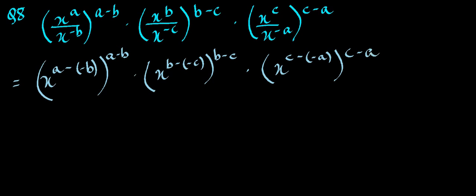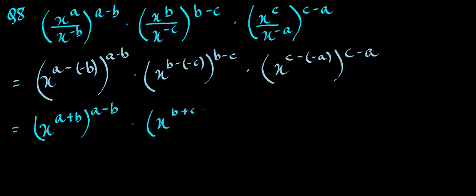Now minus minus becomes plus. So we have x raised to a plus b the whole raised to a minus b, into x raised to b plus c the whole raised to b minus c, into x raised to c plus a the whole raised to c minus a.